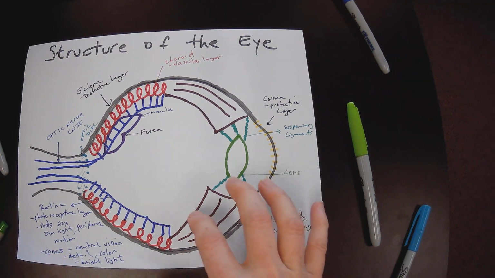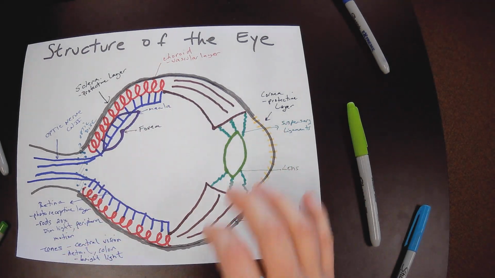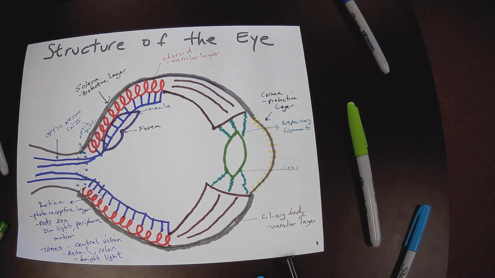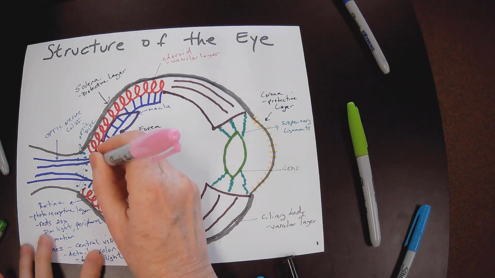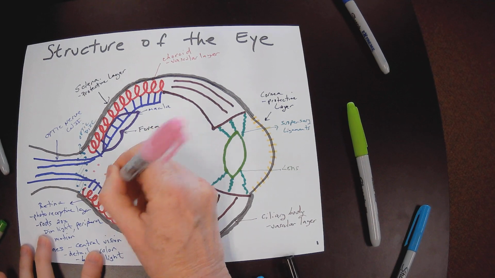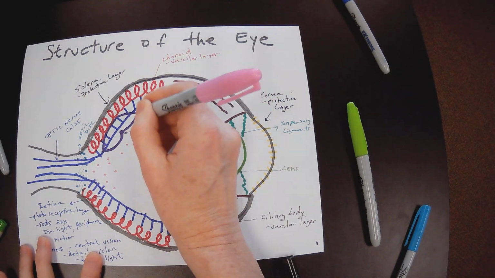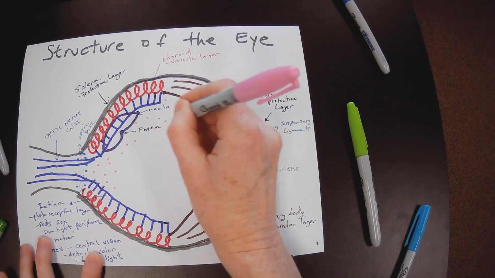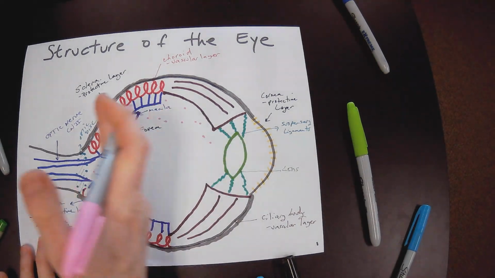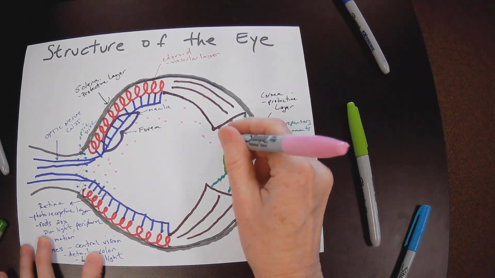Now inside the eyeball proper, there's a gelatinous matrix. That gelatinous matrix is called vitreous humor. So this is all just a gelatinous matrix that exists inside, between the back of the eyeball and the lens.